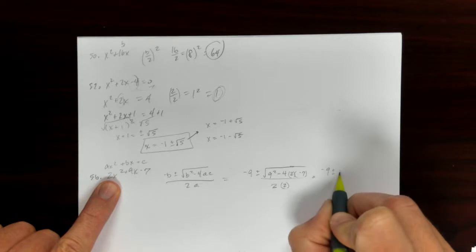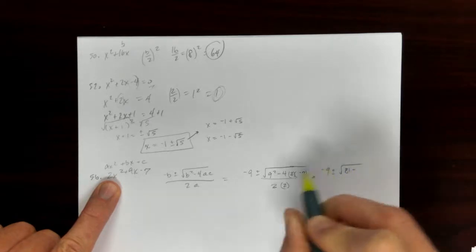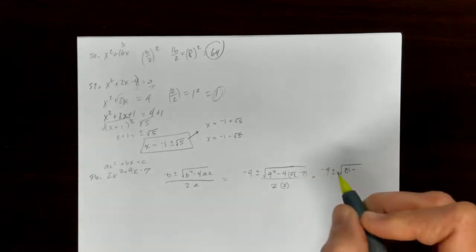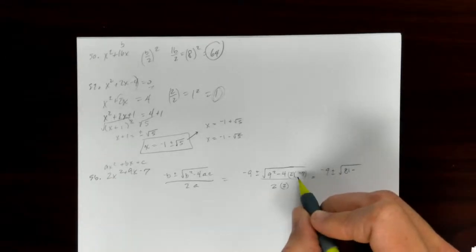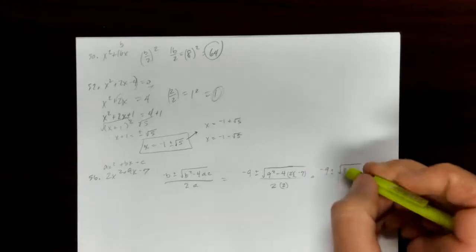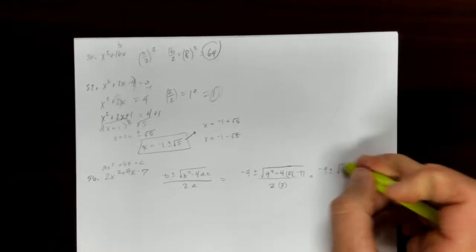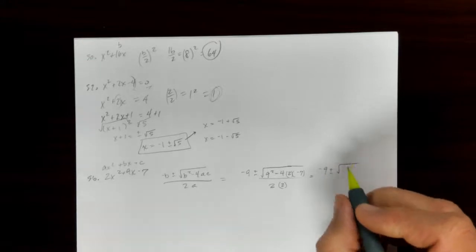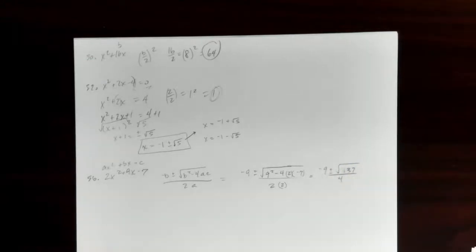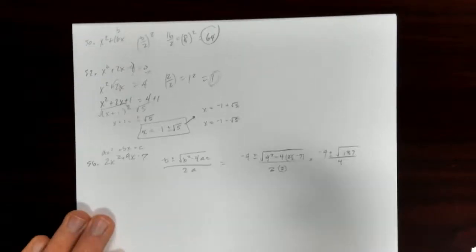Negative 9 plus or minus the square root of 81 minus 8 times negative 7. Okay, sorry, negative 8 times negative 7. So underneath the radical, I'm just going to go ahead and do that math. We have 81 minus that. It gives me a positive 137 over 4. Alright, so now let's rock and roll.